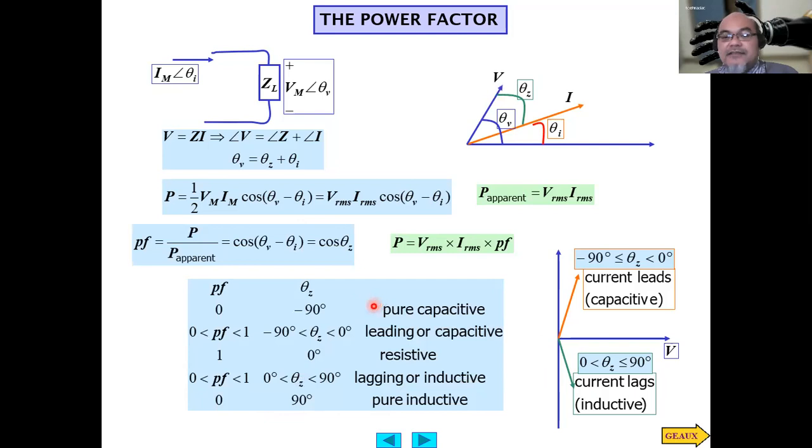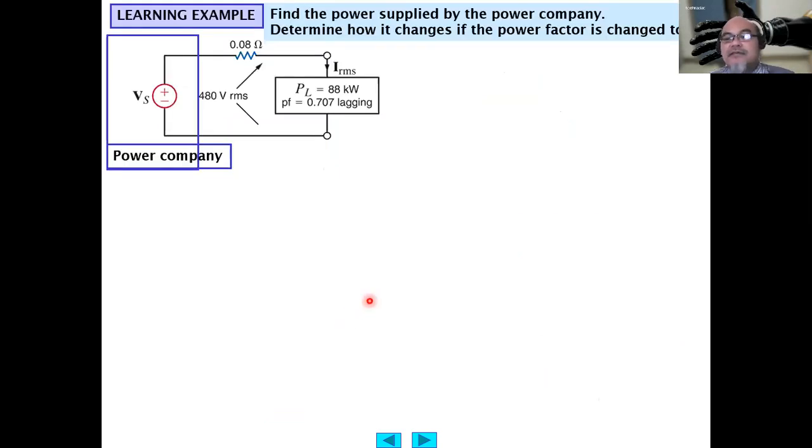Okay, now let's try to implement the power factor theory in an example. Find the power supplied by the power company. Here, the power company is represented by this voltage source. Then this is the resistance due to the transmission line, the transmission cable.